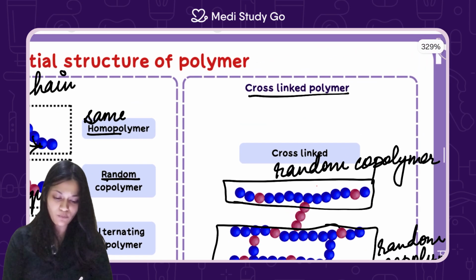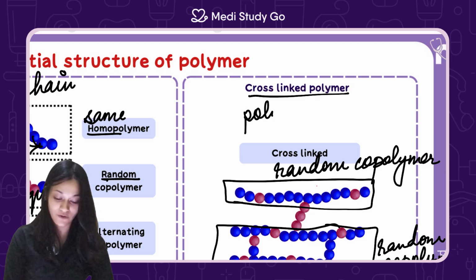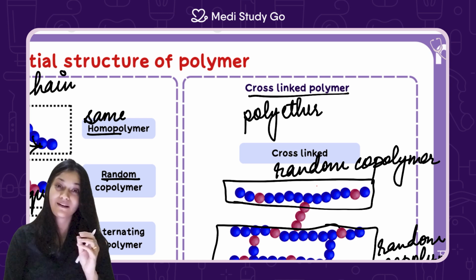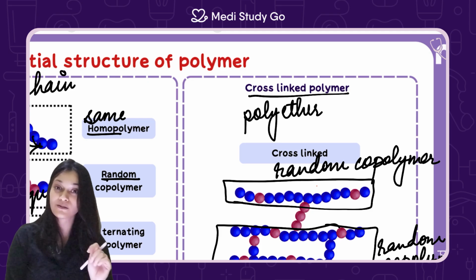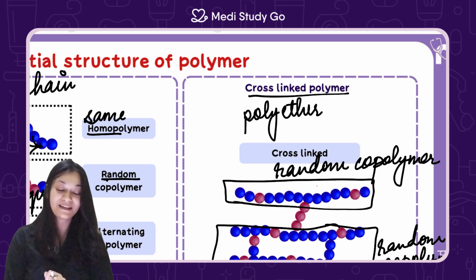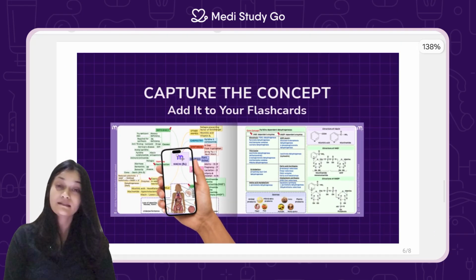Can you give me one example of a cross-linked polymer that we just studied? Yes, it was your polyether. Now do you remember what the shape was? How was it organized? How there were covalent bonds present? It is nothing but your polymer again. So this was about the spatial arrangement of your dental resin.